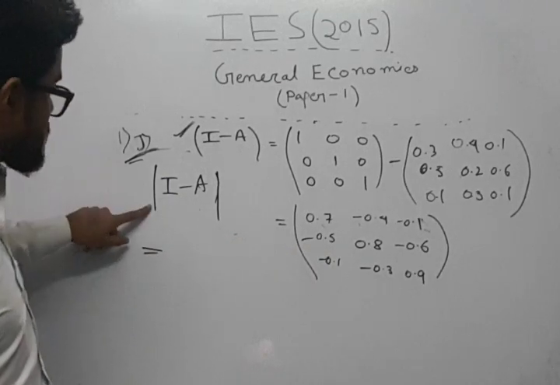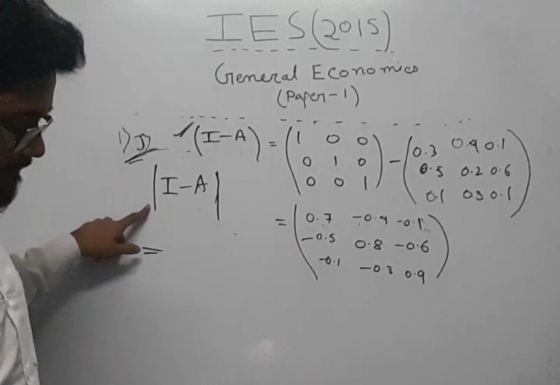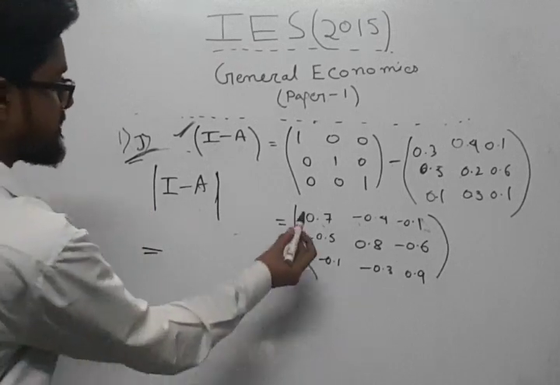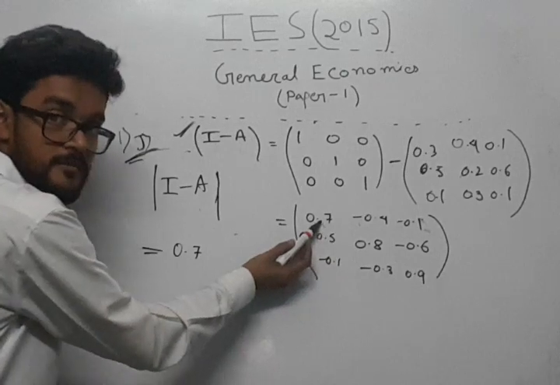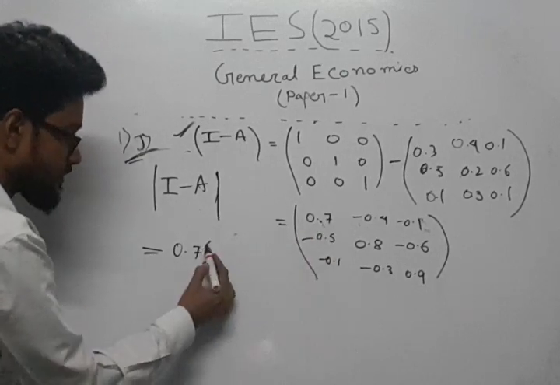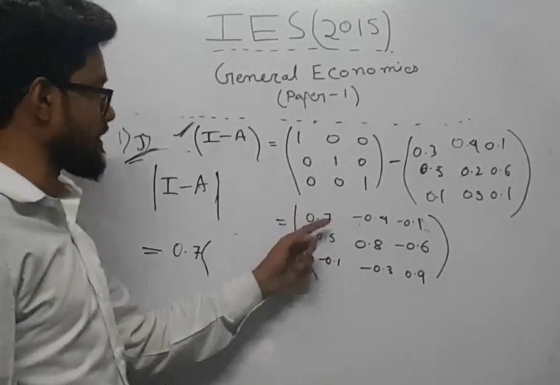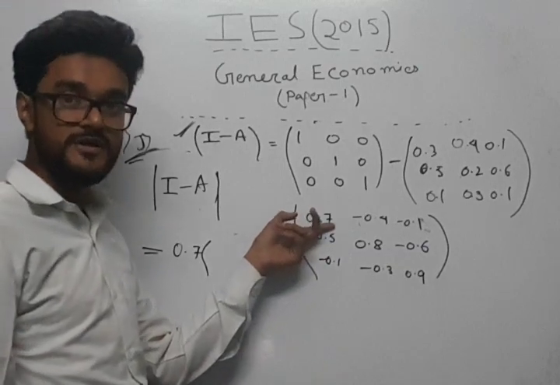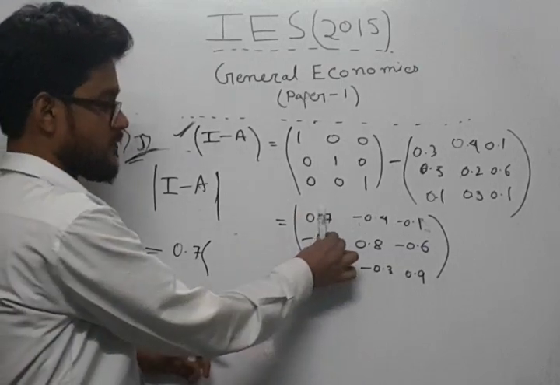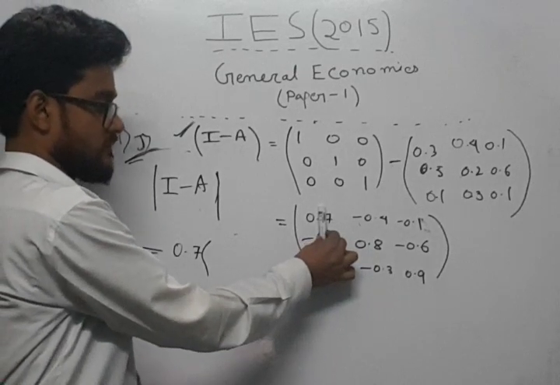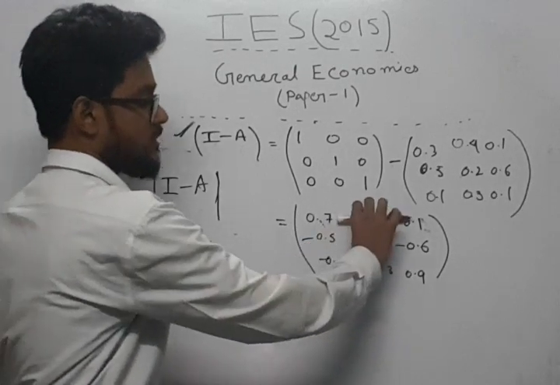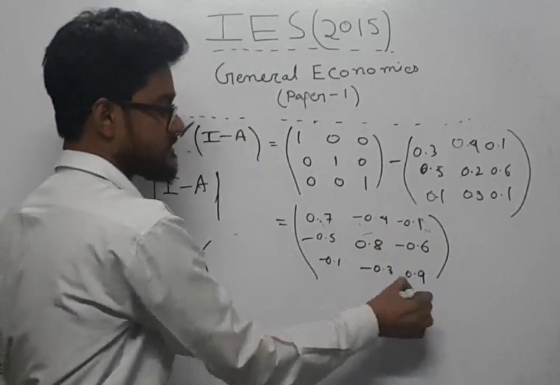In order to find this, we take the first term as 0.7. When we are taking the first term, this row and this column will close, so we are left with just this region.